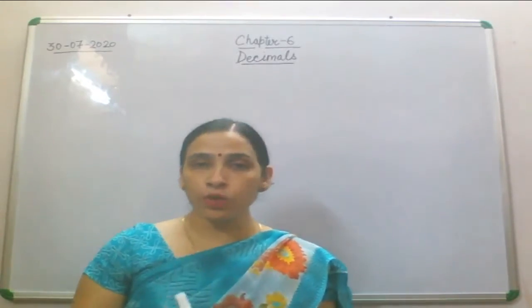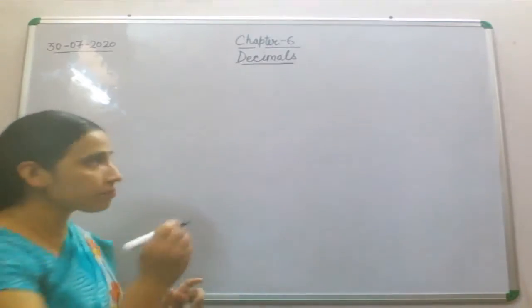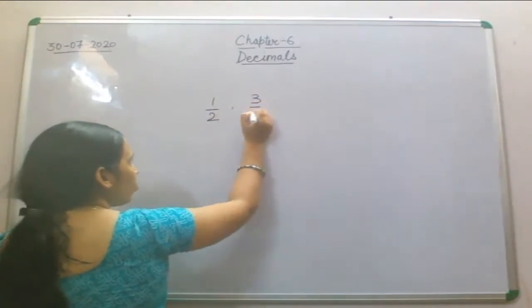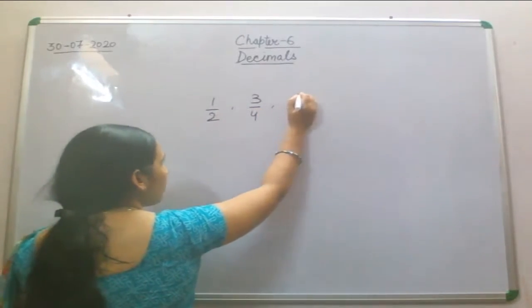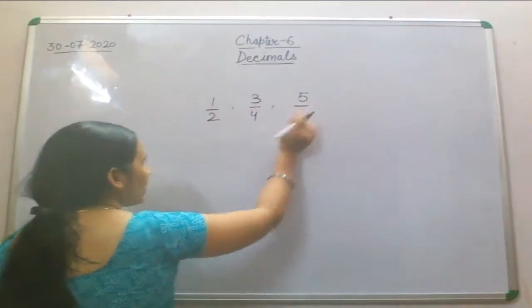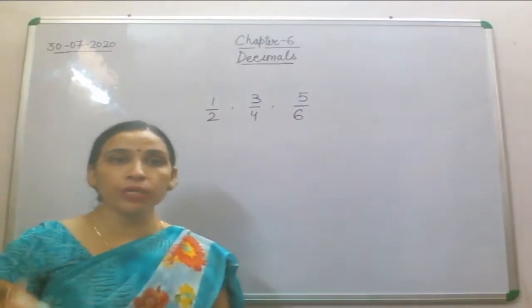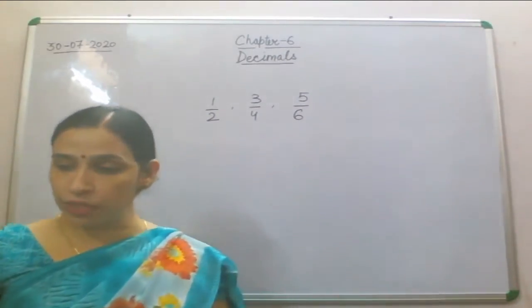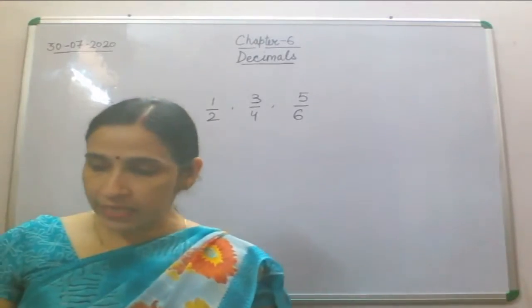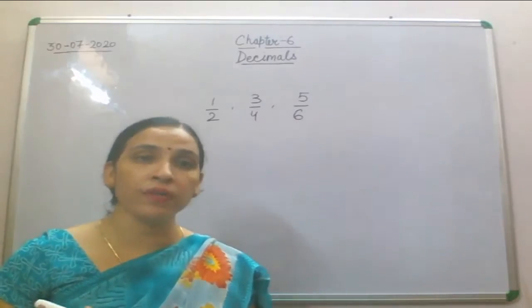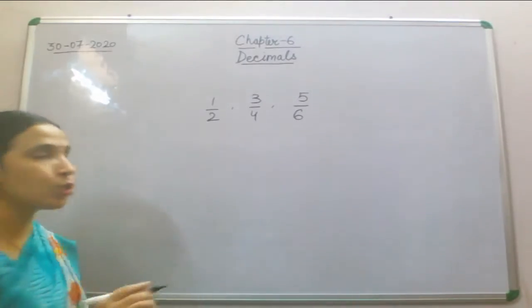For example, you have seen common fractions like 1 by 2, 3 by 4, 5 by 6. Now we'll talk about what a decimal fraction is. A decimal fraction is nothing but a representation of a common fraction.